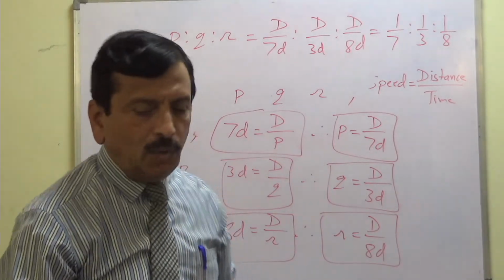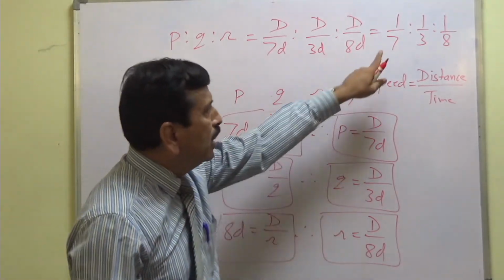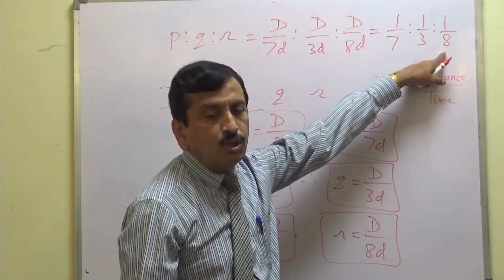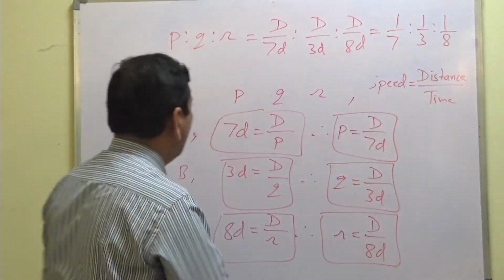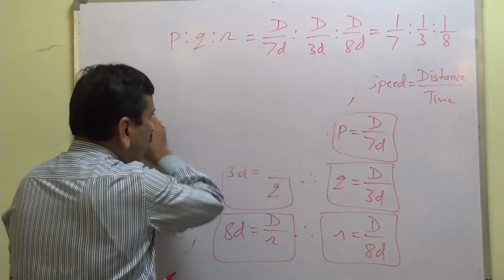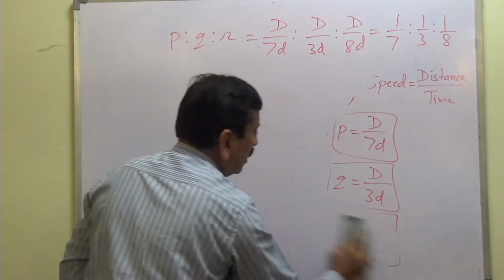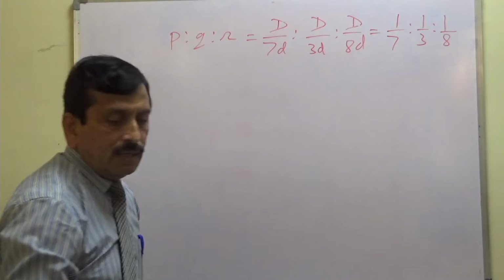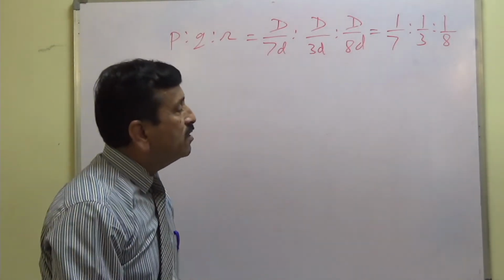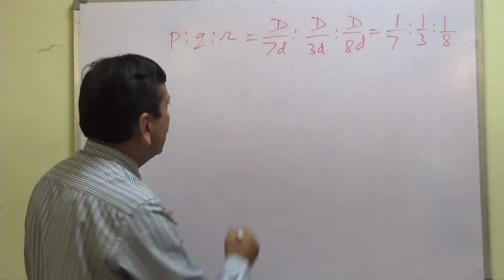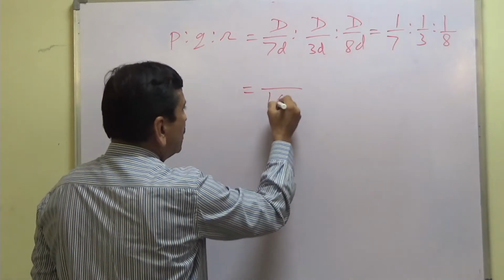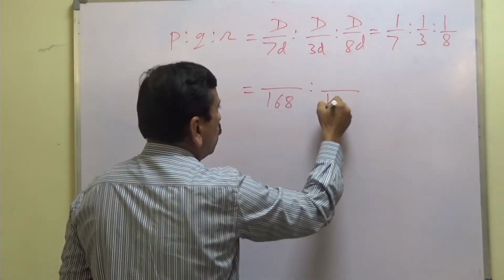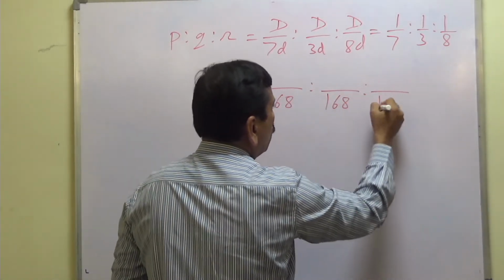Now try to find out the LCM of this. There is nothing common in 7 and 3 and 8, so the LCM will be their simple multiplication. Their multiplication will be 7 into 8, 56, 56 into 3, 168. So I say that this is 168 is to 168 is to 168.